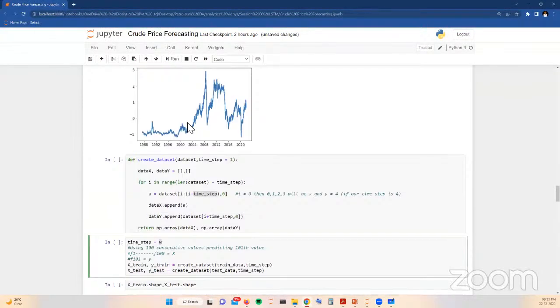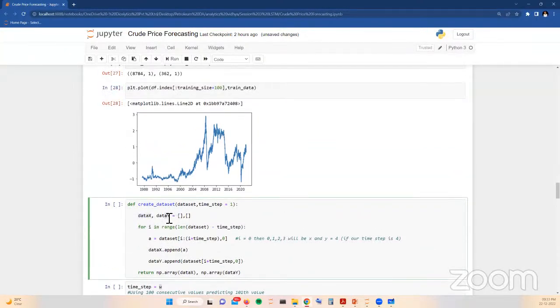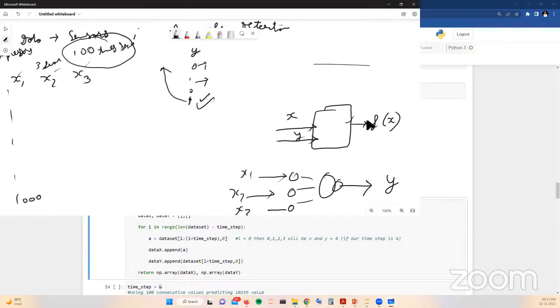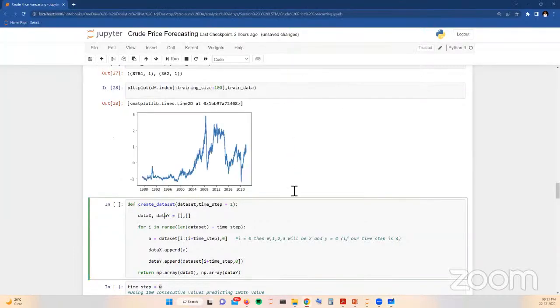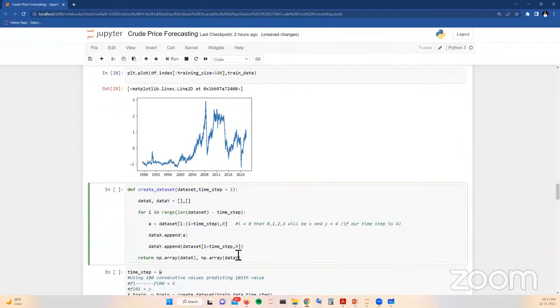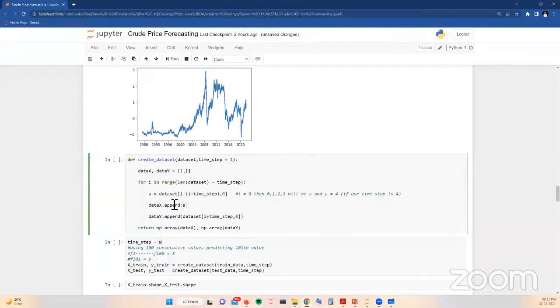I'm taking my data X and data Y. In my data X, I will be filling up the first 100 days of data, and in my data Y, I will be filling the 101st day of data. So the batches we saw here, the first 100 days with the 101st day, the next 100 days with the 102nd day, are done here by using just a simple for loop itself.